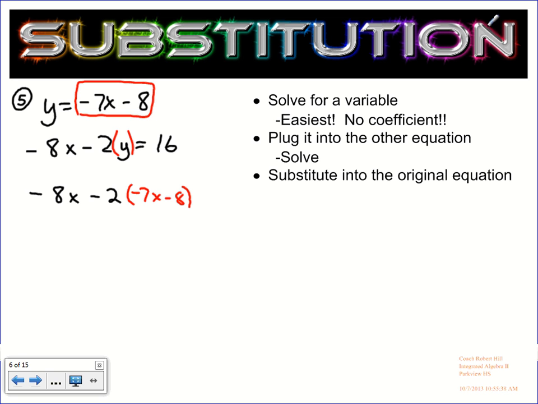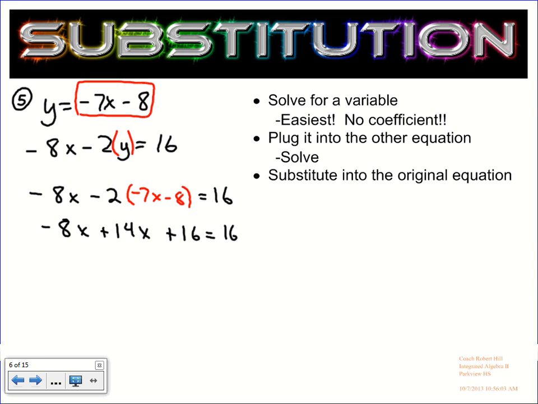Okay, so negative 8x minus 2y, I replace the y, equals 16. What's the next step? Okay, so negative 8x, what's a negative times a negative? Positive 14x plus 16 equals 16.